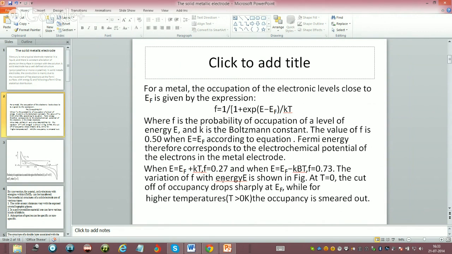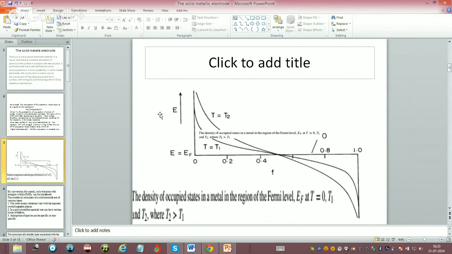The variation of f with energy is shown in the picture we are going to see now. You can see the variation of f, the distribution function, with respect to energy. Energy is given here and f is there. You see f remains constant at this value when E is equal to EF.